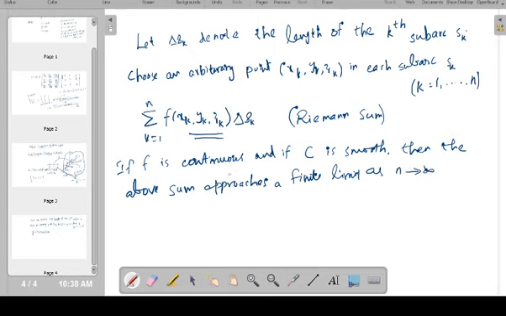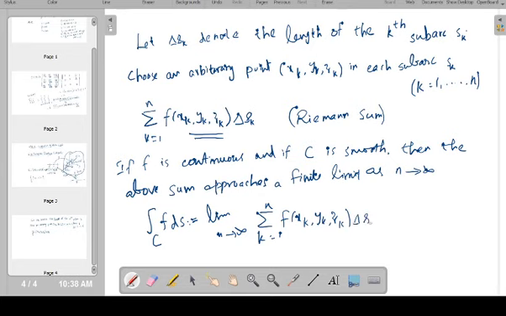That means when the number of subarcs becomes increasingly high, this sum approaches a limit, and that limit is called the value of this integral over C of f ds, equal to the limit as n tends to infinity of sigma k equal to 1 to n of f of xk comma yk comma zk times delta sk.